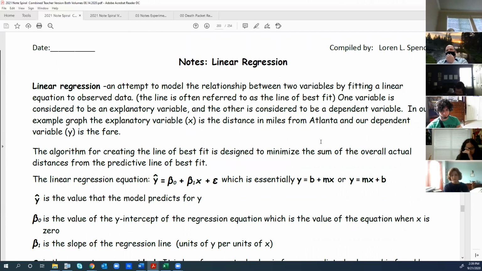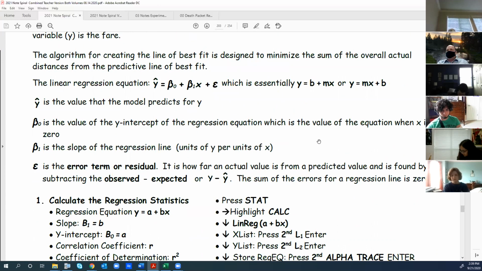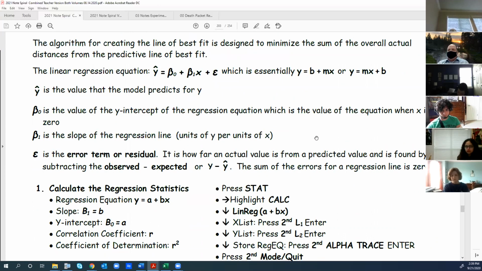Now, I'm not going to read all the notes to you because I believe that you can, but I'm going to talk to you about a couple things. First off, essentially we're going to work in slope-intercept form, y equals mx plus b, just like you did in Algebra 1, except we can't leave well enough alone. We have to dink with things a little bit and change it up just a little bit.